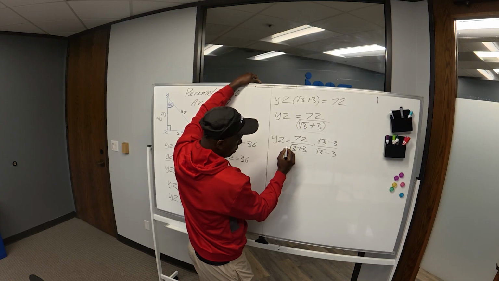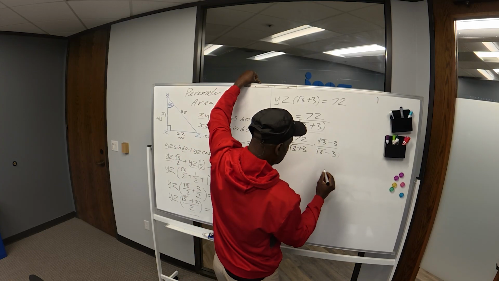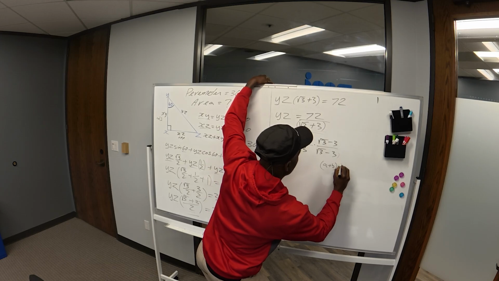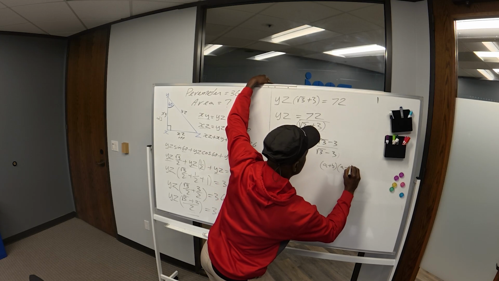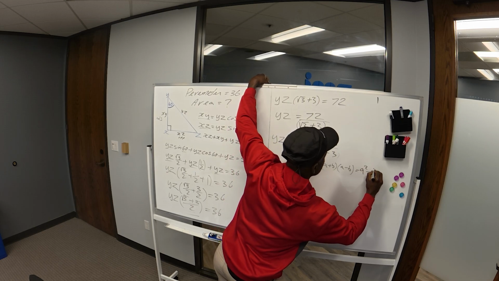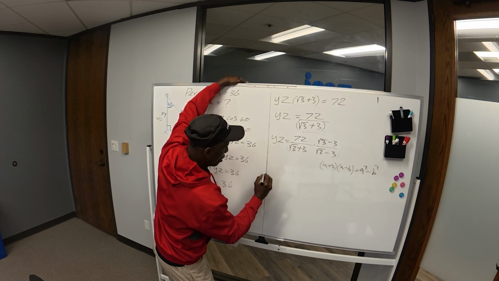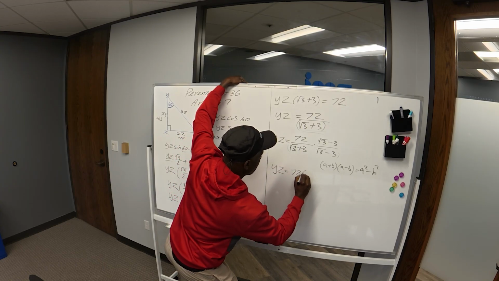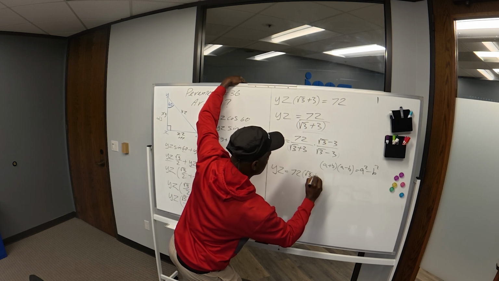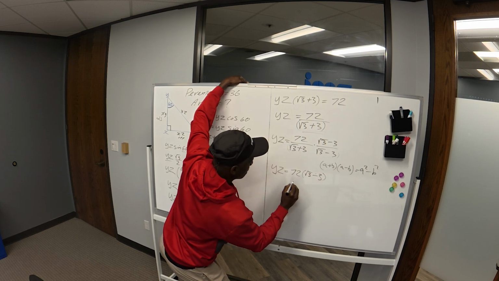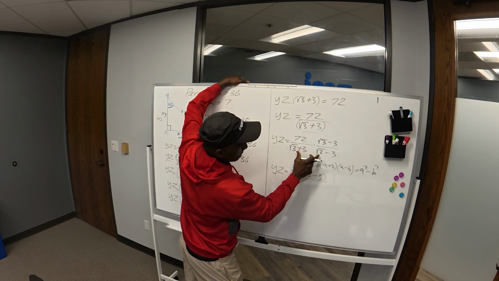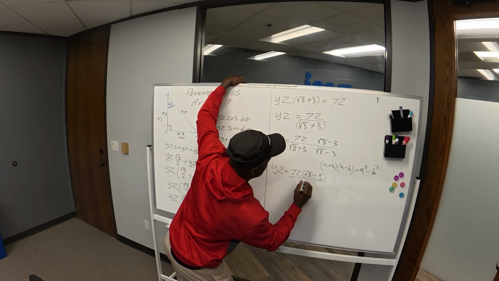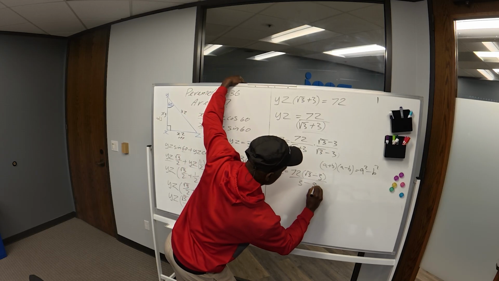And from here, we could say that a plus b outside of a minus b is equal to a squared minus b squared. So now we have YZ is equal to 72 outside of square root of 3 minus 3 divided by square root of 3 squared, which is 3, minus 3 times 3, which is 9.